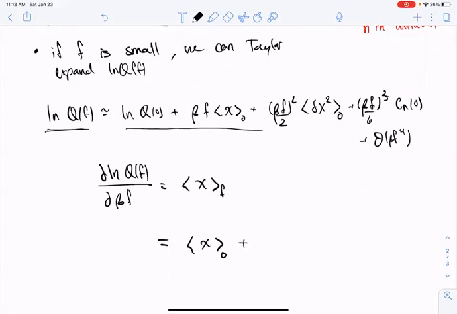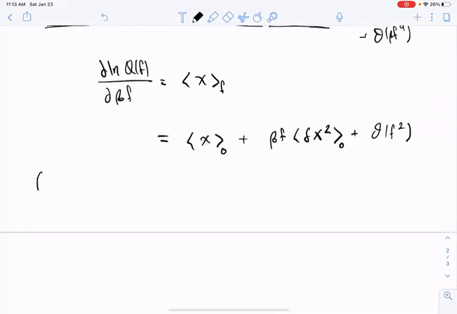The derivative of the second term, or the term that goes like F squared, would give us something that looks like beta F times the fluctuations of X in the absence of the force, and that would be good up to order F squared.